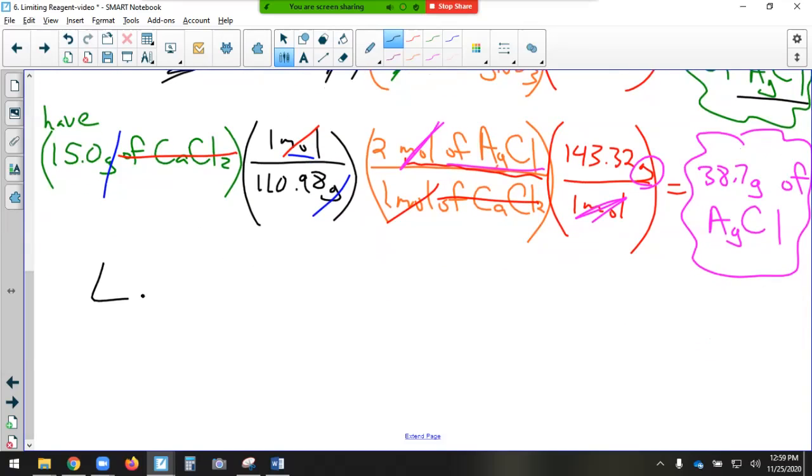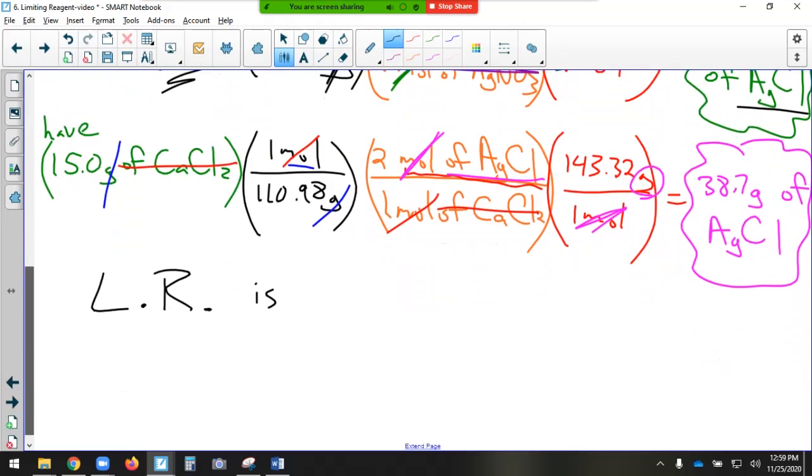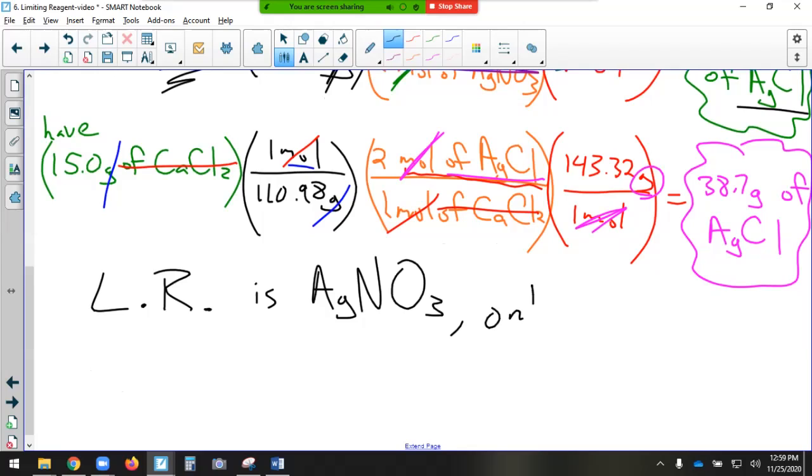So my limiting reagent, I'm going to use short form for this, is my silver nitrate. That means the silver nitrate is going to get completely used up, and just to drive the point home, only 16.9 grams of silver chloride, AgCl, will form.